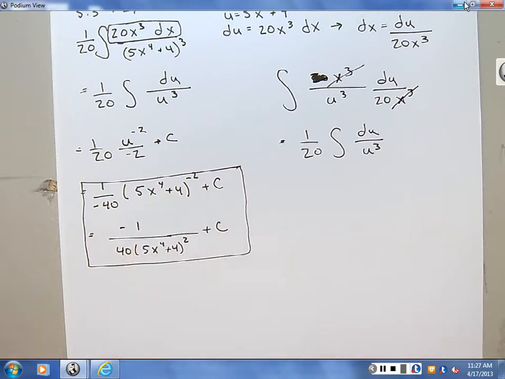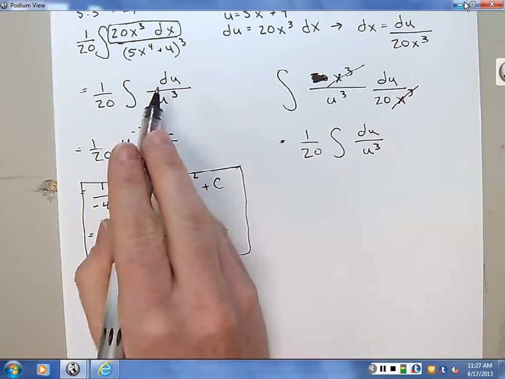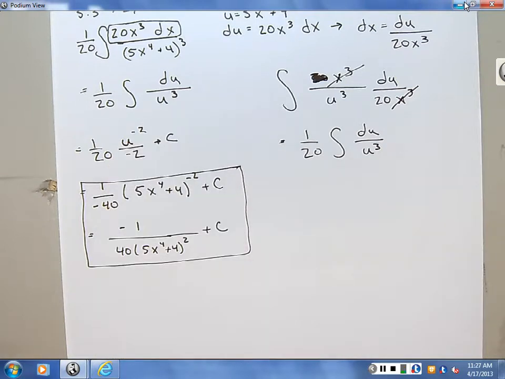You got u to the minus 2 because you brought it up. Okay, what happened to the du? Once the du is part of the integral, I'm integrating with respect to u. So it means your antiderivative is a function of u. The du goes away as soon as you integrate. Du is a symbol. If I differentiate something, I have to know what I'm differentiating it with respect to.